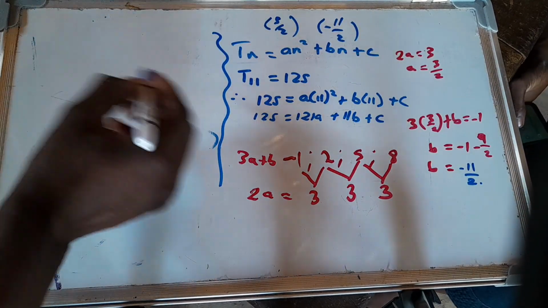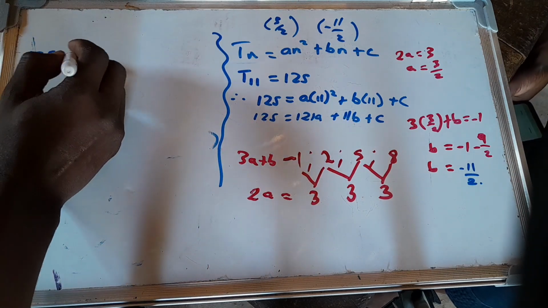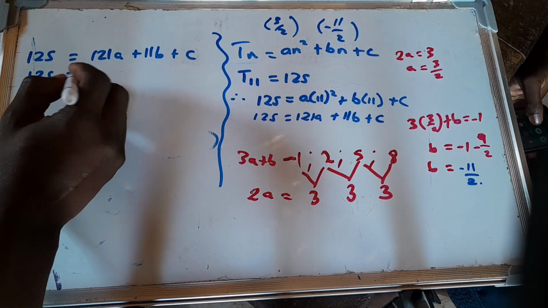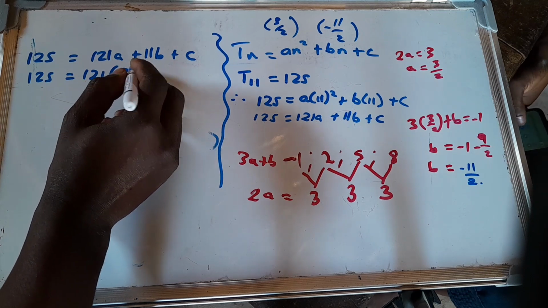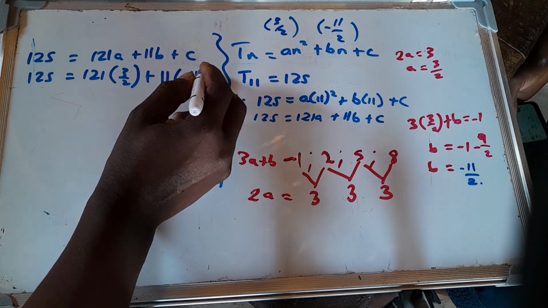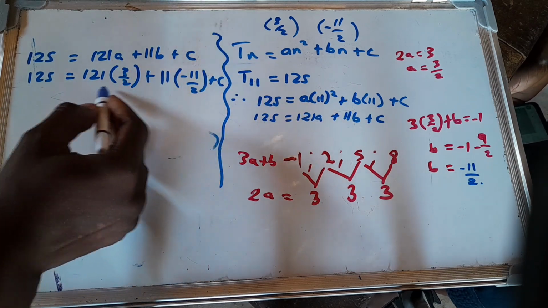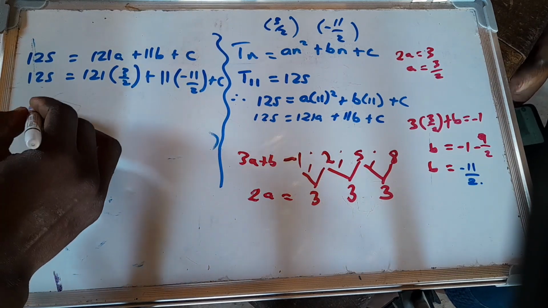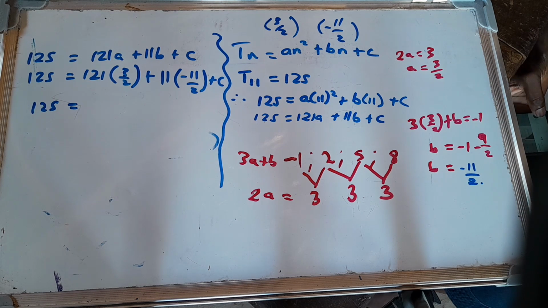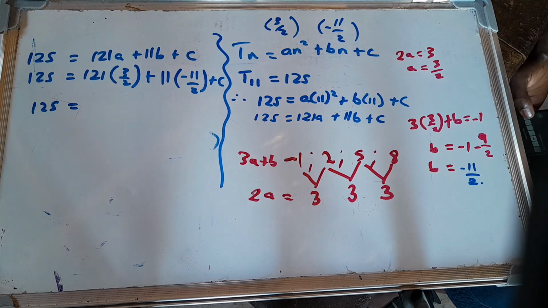So how do we solve for C? We can use this: 125 is equal to 121A plus 11B plus C. So 125 will be equal to 121 multiplied by 3 over 2 plus 11 multiplied by negative 11 over 2 plus C. What do we get if we add these together?